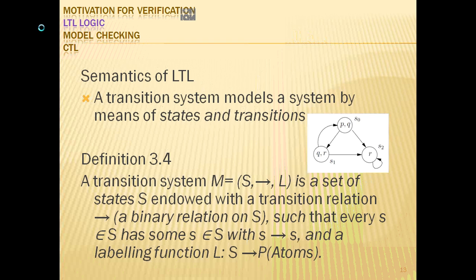And we have a definition which states that a transition system M equals (S, →, L) is a set of states S endowed with a transition relation →, which is a binary relation on S, such that every s belongs to S has some s' belongs to S with s → s', and a labeling function L which maps S to the power set of atomic propositions.